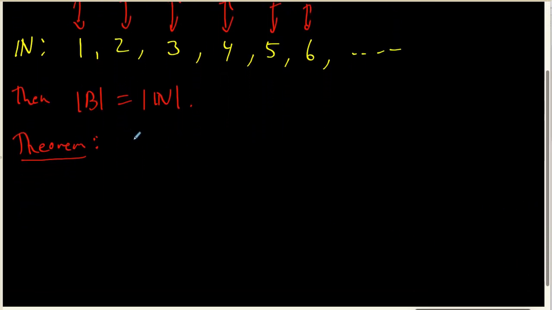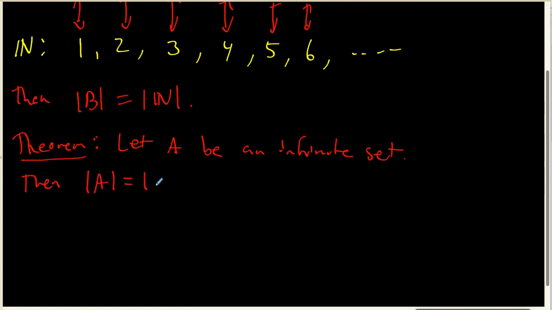This theorem basically says that if I have an infinite set A, then the cardinality of A is equal to the cardinality of the natural numbers if and only if A can be listed in the way that we just did.